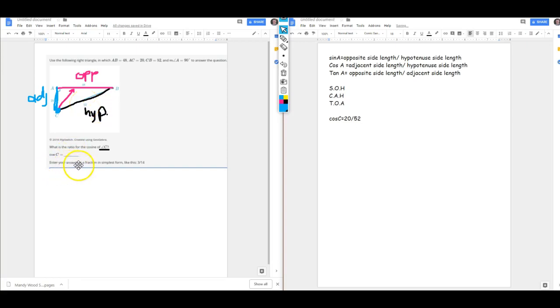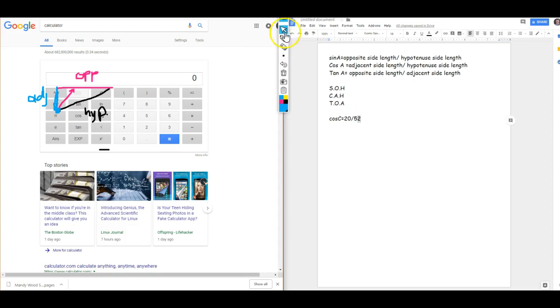So now it says enter your answer as a fraction in simplest form. So then I'm asking myself, can 20 divided by 52 be reduced? And the first thing that I'm noticing is this ends in a 0 and this ends in a 2. So my gut instinct is that 2 can go into both of them.